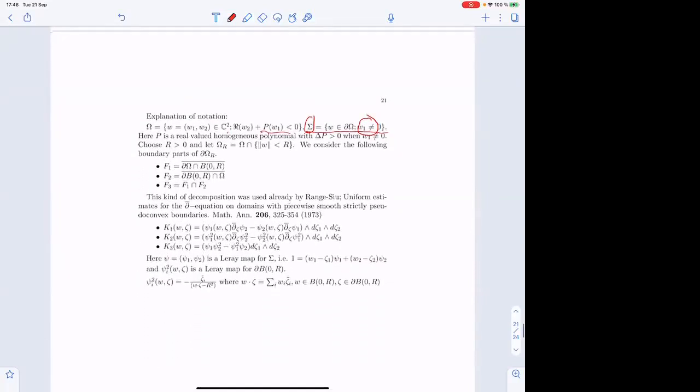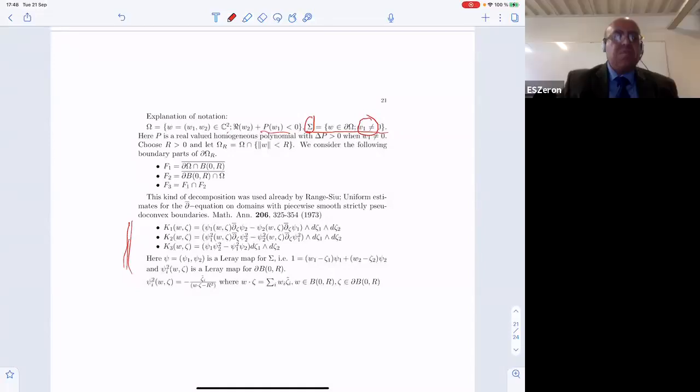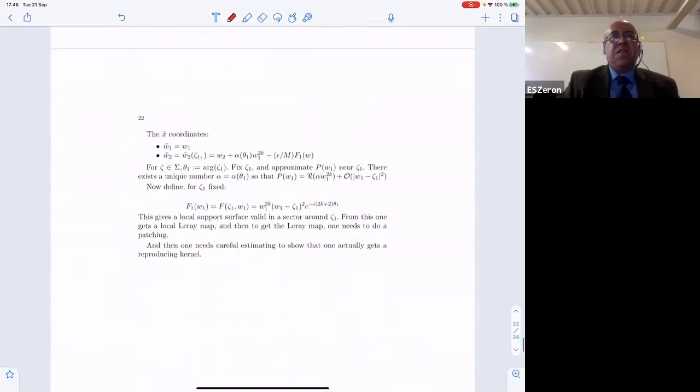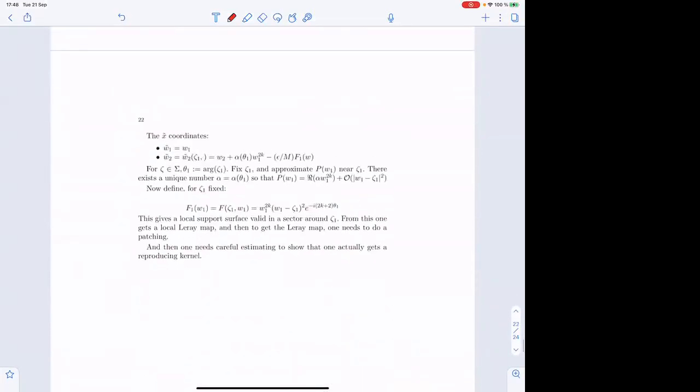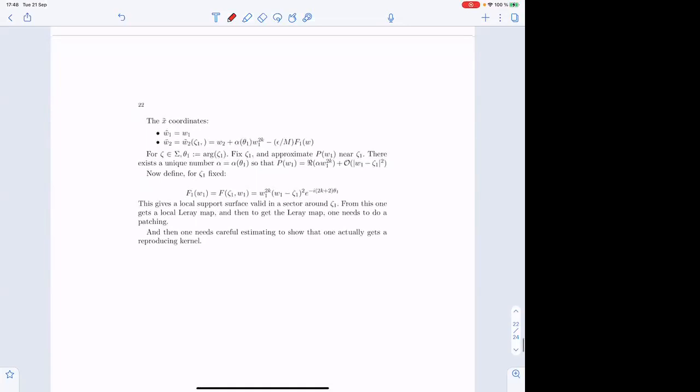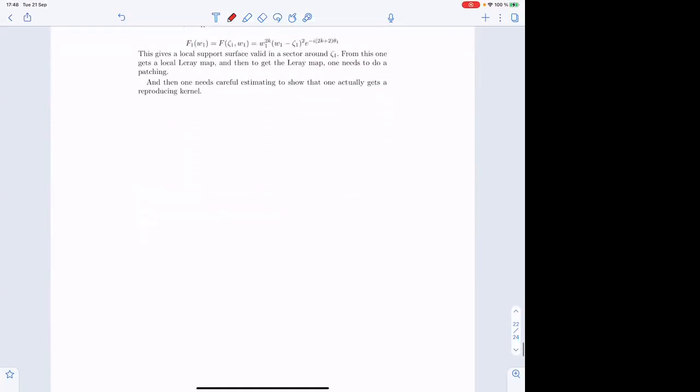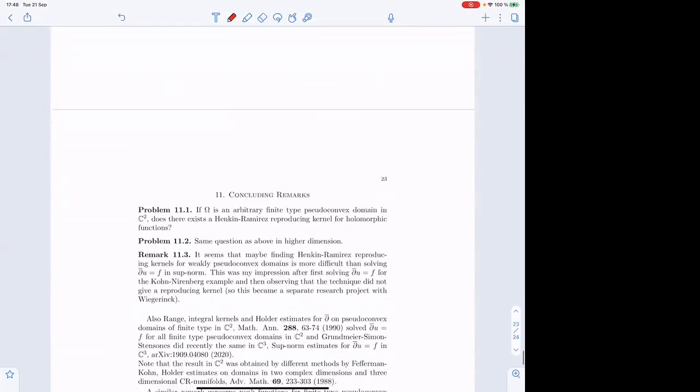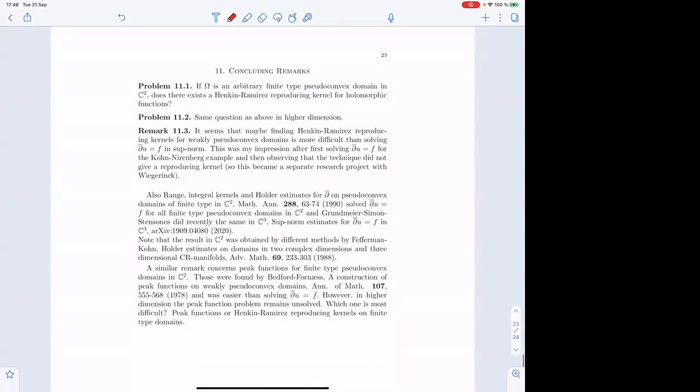And the three kernels are just from some Leray maps. That's a standard way of cooking up integral representation formulas. So let me not go into that. And there are the horrible coordinate changes. Anyway, it works. So let me just stop with the concluding remarks.